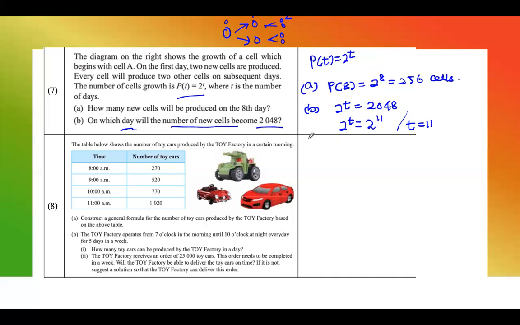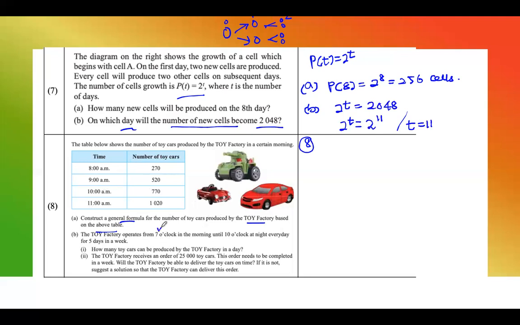Number 8 is problem solving. These are textbook examples. We want to find the general formula for the toy factory based on the above table. This is a very challenging question. We need to know what time we start.